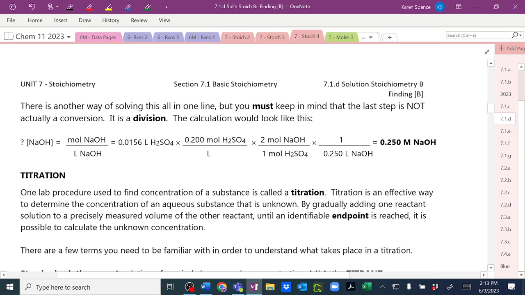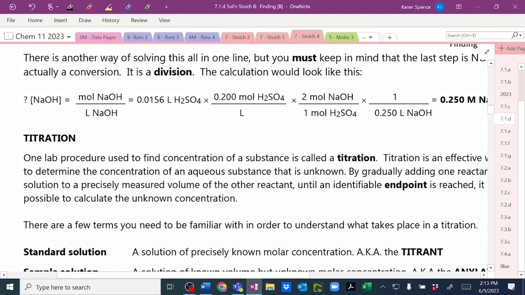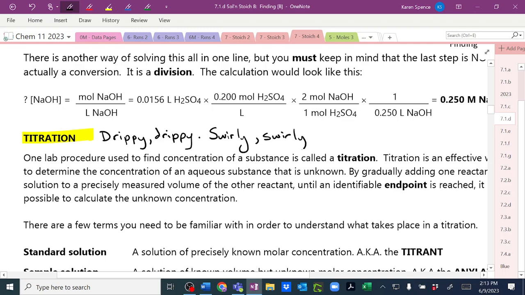Now, we're going to talk about a few vocabulary words regarding the titration, which was the procedure we did yesterday. Titration is drippy, drippy, swirly, swirly, pink.